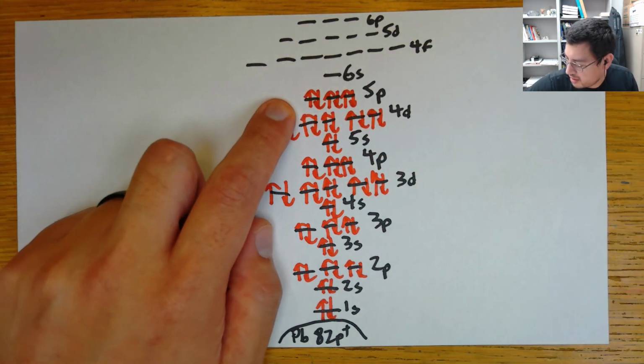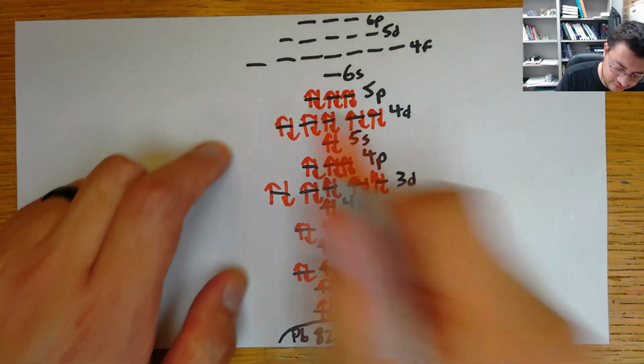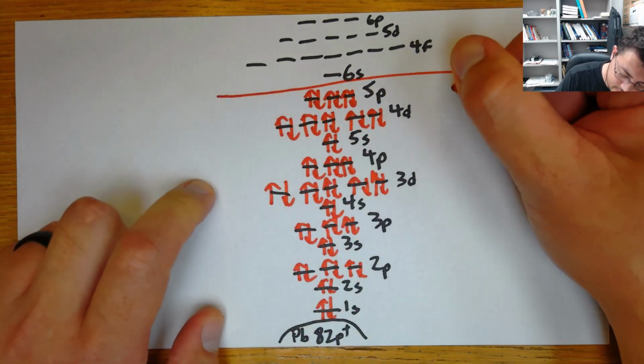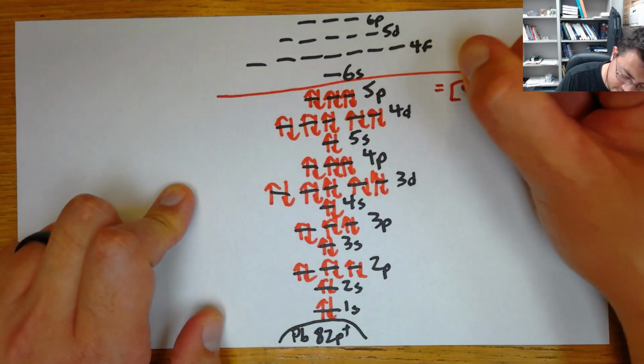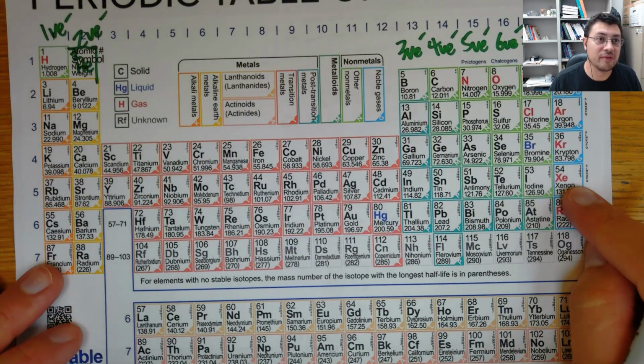That's a good point to make a check, okay, because that was our previous noble gas. All that was equal to xenon. Yeah, all right, we're doing all right.